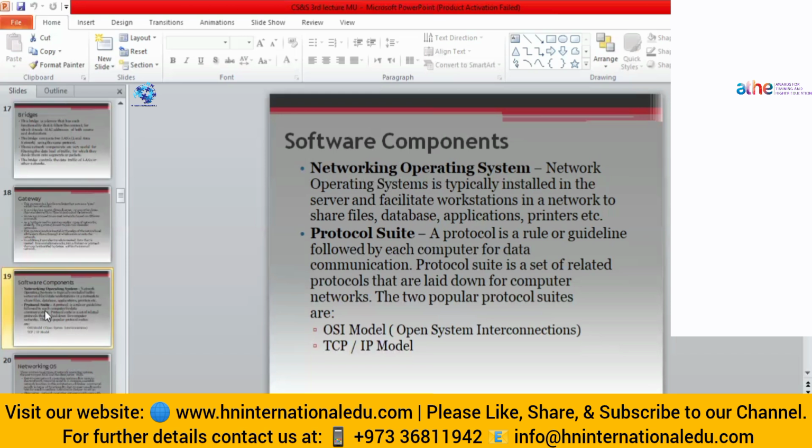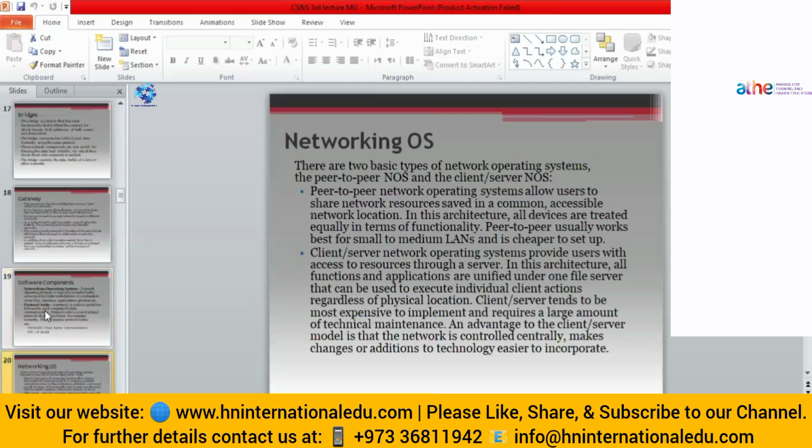These rules, these guidelines, are known as the protocol. A protocol suite is a set of related protocols that are laid down for a computing network. Mostly there are two popular protocols: the OSI model, Open System Interconnection, and the TCP/IP model. Now we will discuss both models.